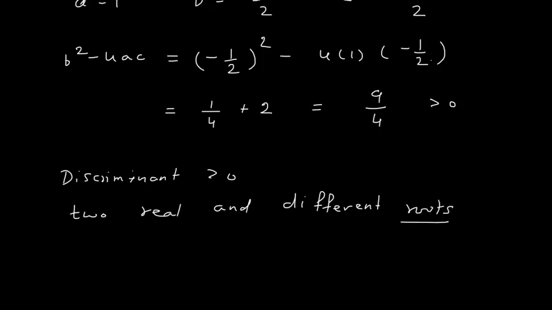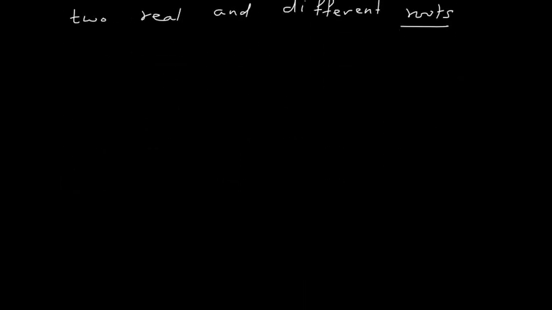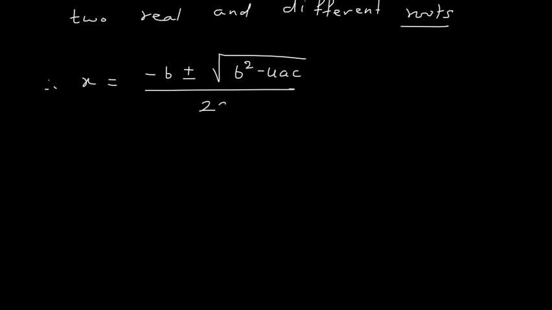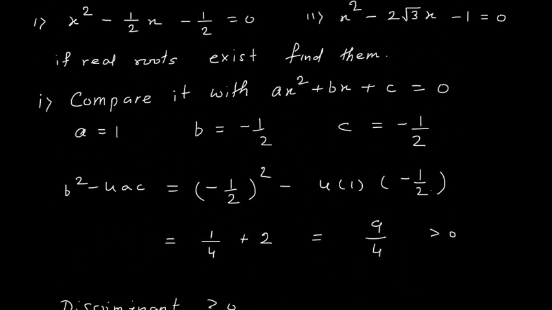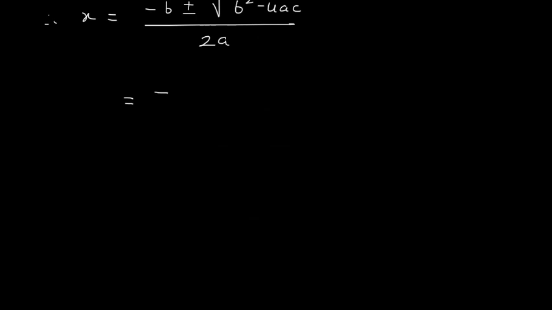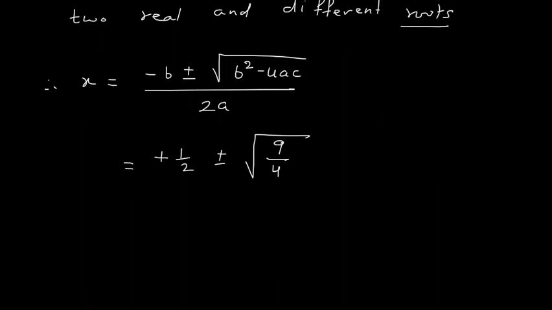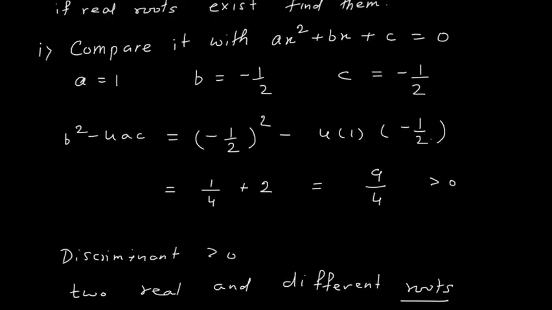Okay, now we have to find the roots. So x is equal to minus b plus or minus root of b² - 4ac, whole divided by 2a. So this is equal to minus b. The value of b is minus half, so it will become minus minus, plus. So it will be plus half, plus or minus root of 9/4, this b² - 4ac we got as 9/4, whole divided by 2 into the value of a, which is 1.